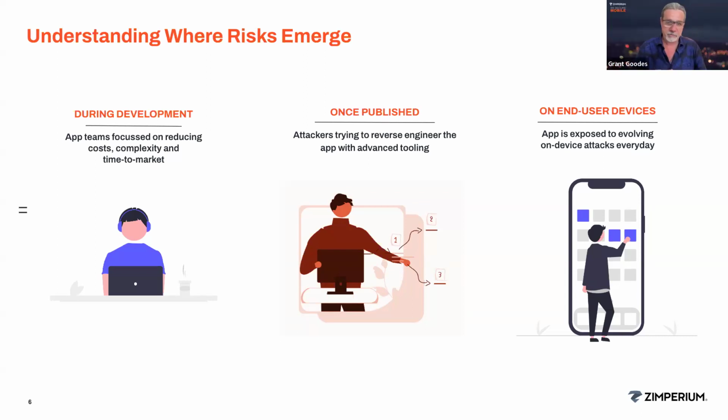I think one of the things that the bullet under during development mentions is the sensitivity of reducing costs and getting time to market. The mobile app development world is much more fast-paced and low cost. The expectation is that it's a lower cost solution than traditional enterprise level apps, which would potentially have been multi-year projects.